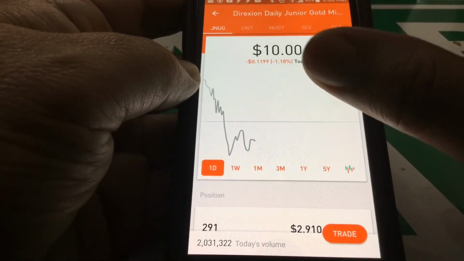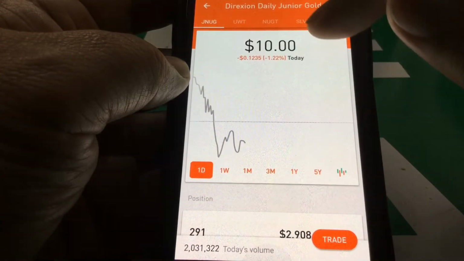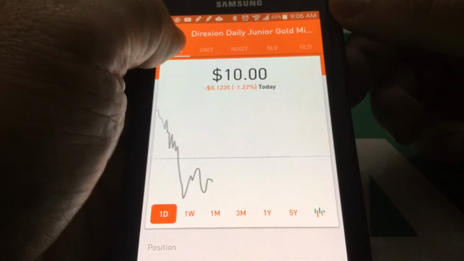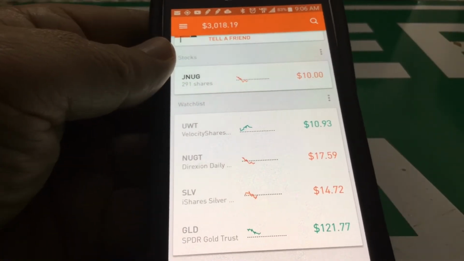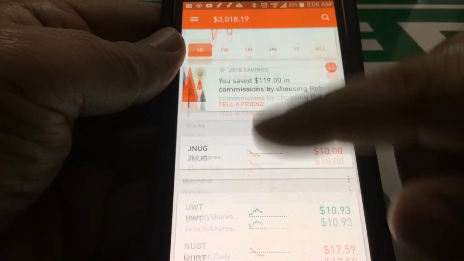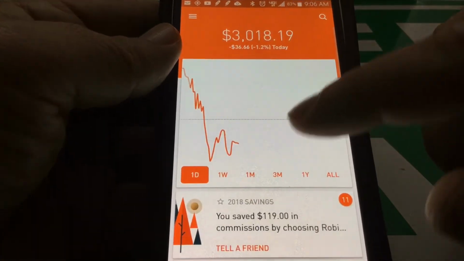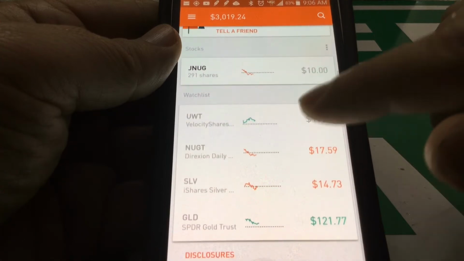Now say I want to buy the SLV. Sorry, I'm all thumbs. This video is getting a little long, but let's see what we're at. The price is right now $10, so we're still even there.